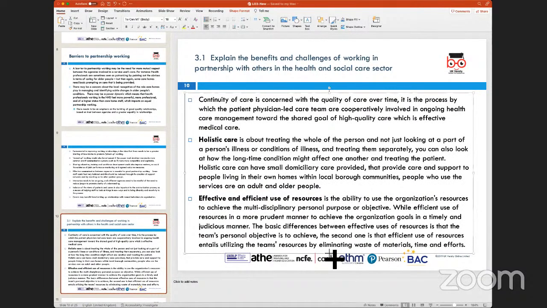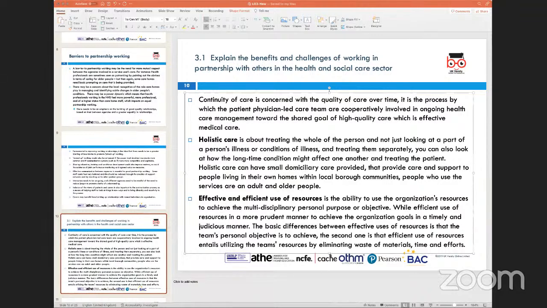When you create a care plan for patients receiving treatment, which looks at providing integrated or holistic care, you would generally see benefits of working in partnership. That means lots of different types of people can come together: nurses, healthcare workers, doctors, consultants, different practitioners, trying to work together to provide this particular service.